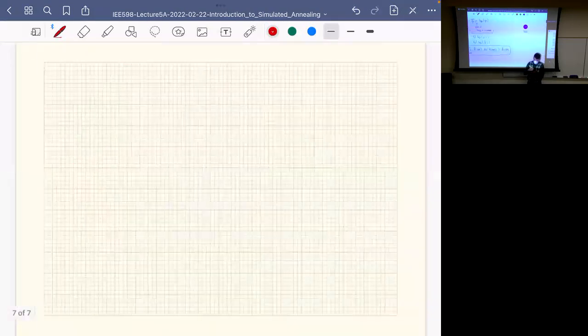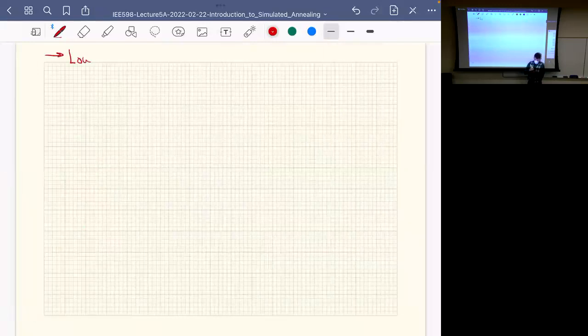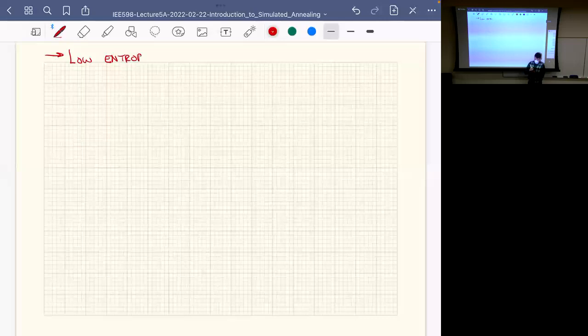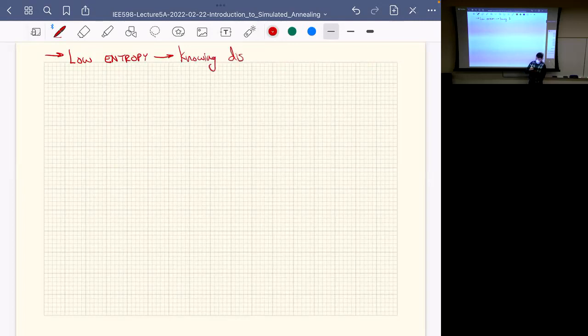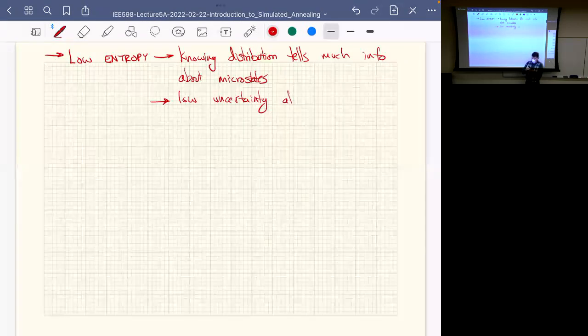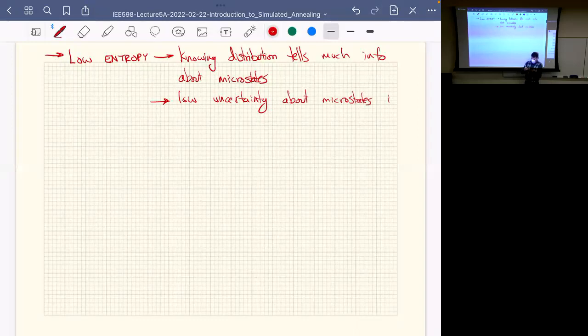So the idea here is low entropy means knowing the distribution tells much information about microstates, or put another way, there is low uncertainty about microstates in the system.